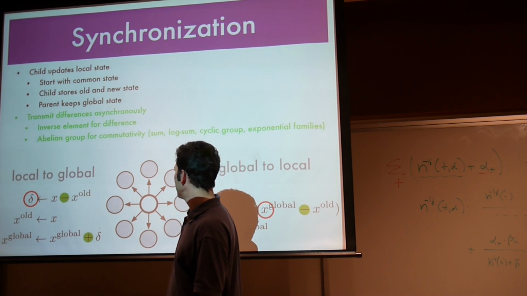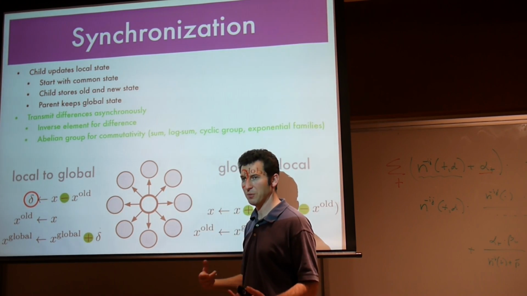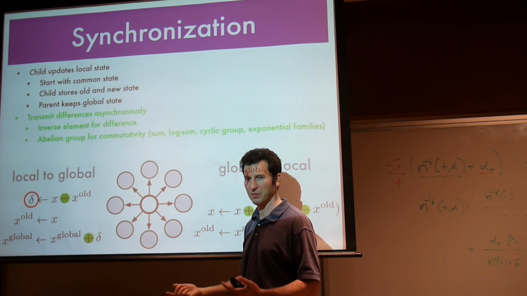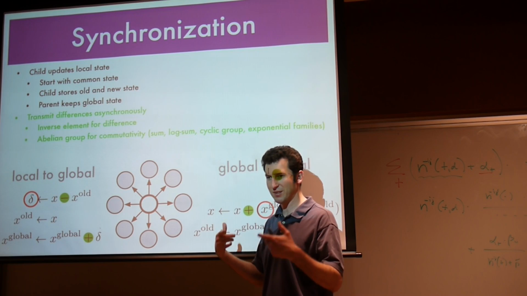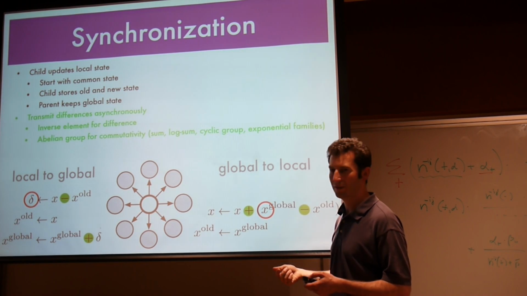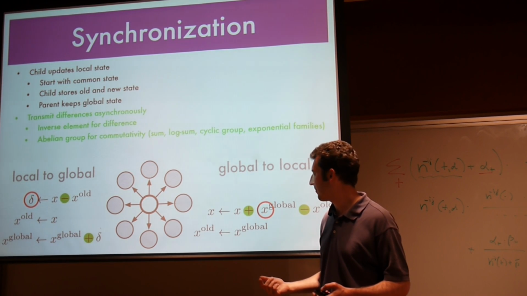In addition to that, you need that the order in which those updates are incorporated doesn't really matter, otherwise you get really horrible scheduling issues. That actually requires that you get an abelian group. So anything that fits into an abelian group can be done with this. Those count statistics that I showed you are just a simple case.